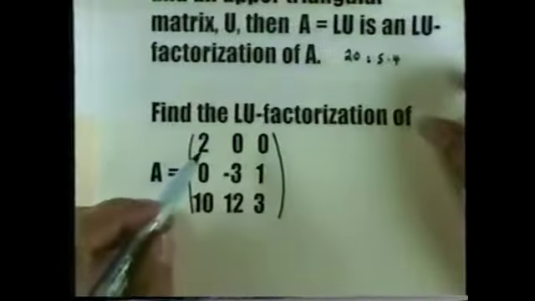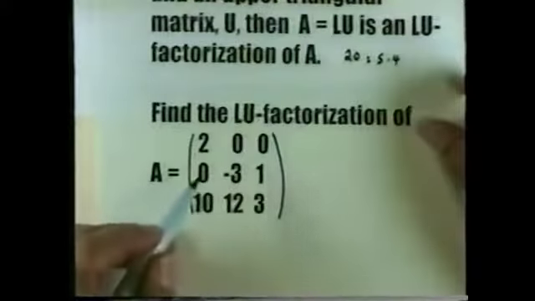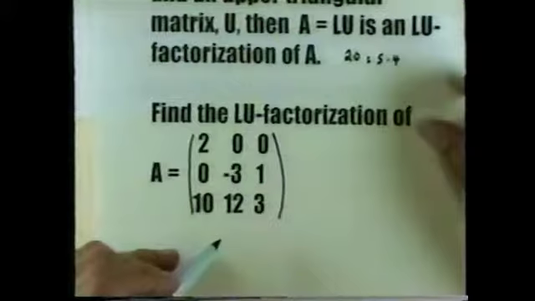Now to row reduce A, what I need to do is to have zeros below the diagonal. So I need to have a 0 here and a 0 here.